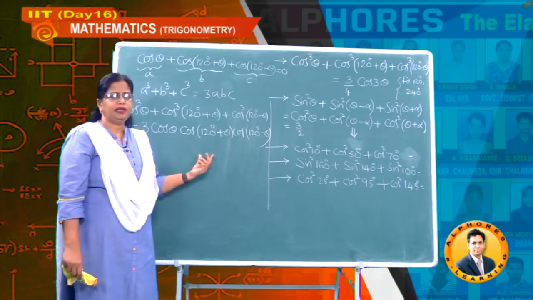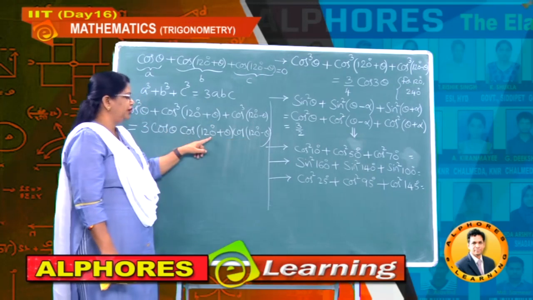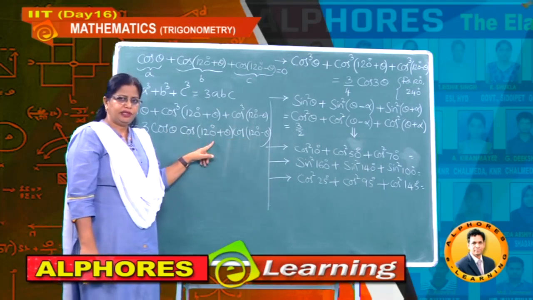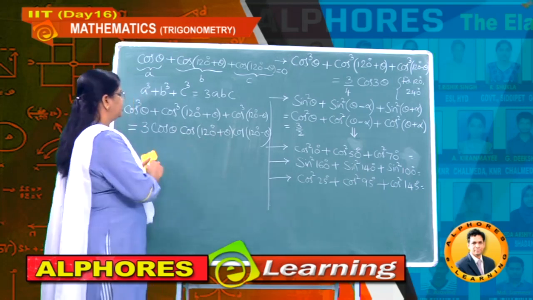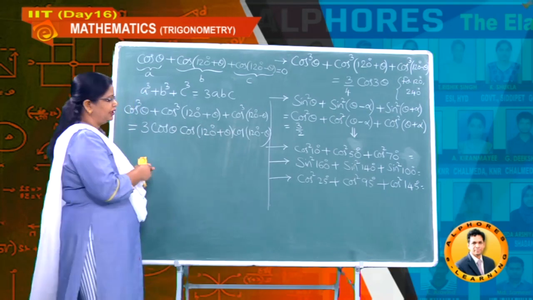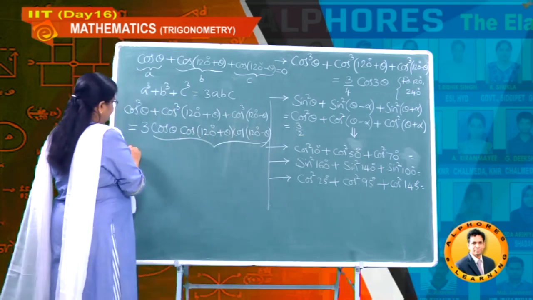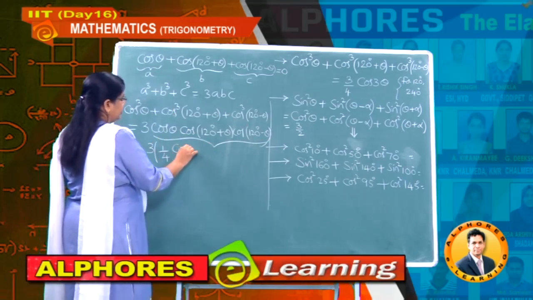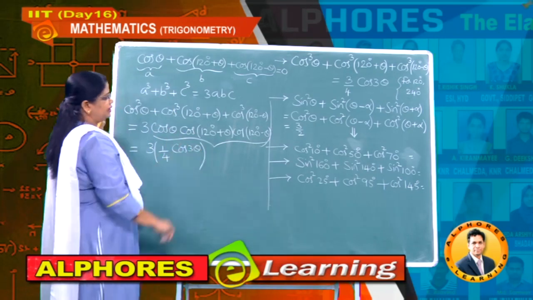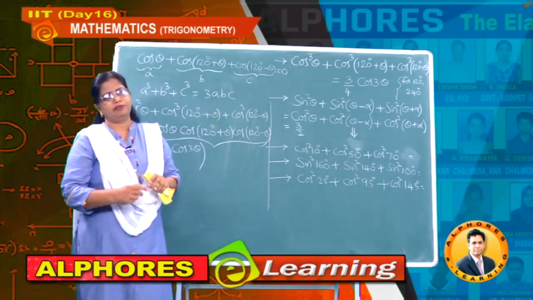It is 1 by 4 cos 3 theta for alpha equal to 60 degrees, 120 degrees, 240 degrees, and also 300 degrees. So using that result we can write the entire value as 3 into 1 by 4 times cos 3 theta, and hence what is our answer students? It is 3 by 4 cos 3 theta.